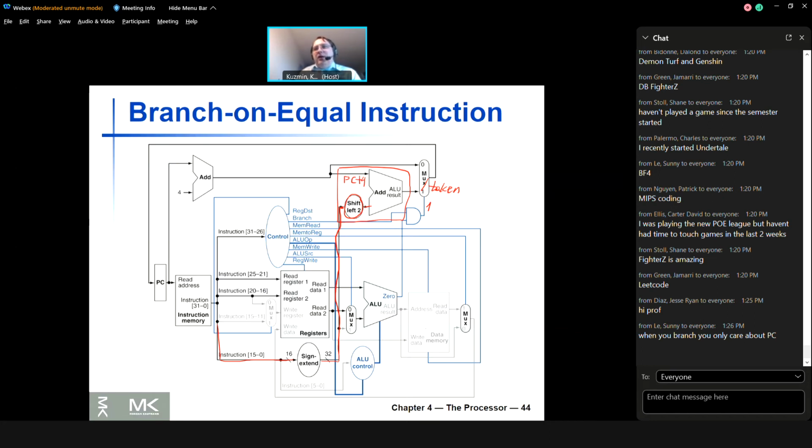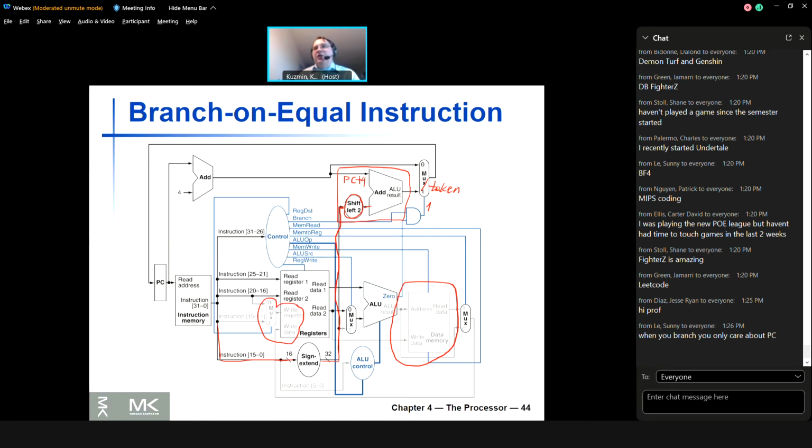All right, and data memory is not used. We are not writing or reading anything from data memory. And note how these pieces are grayed out as well, because we are not writing back to the register file.